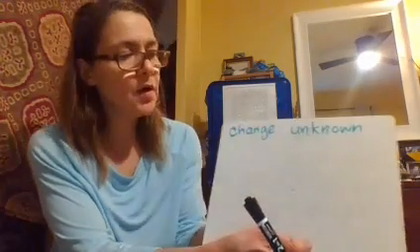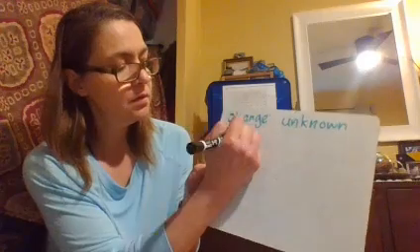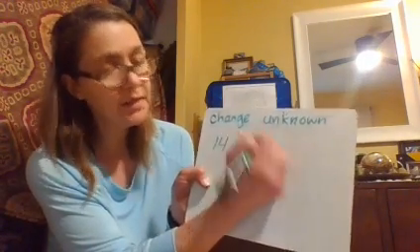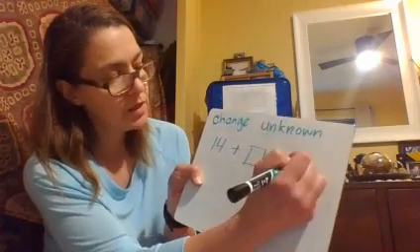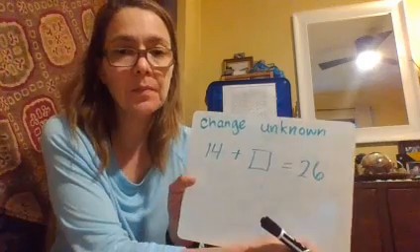Okay, and then we spent some time this year working on change unknown. And when you've got a change that's unknown, you've got an amount, and you're adding, making a change, and then you're going to come up with a total.